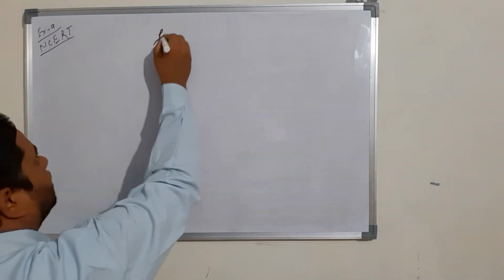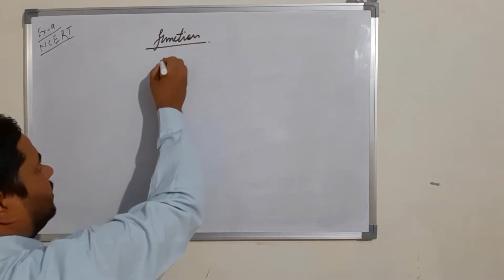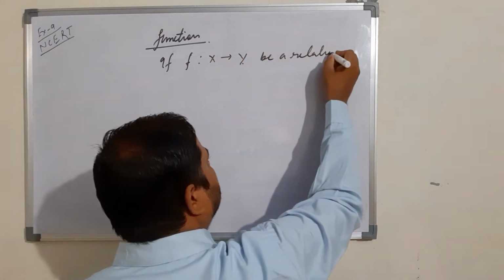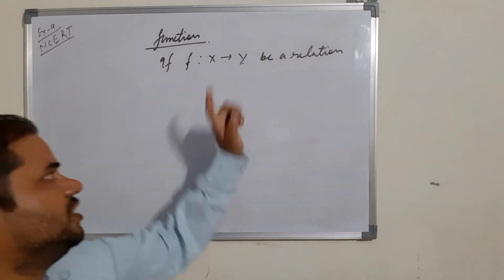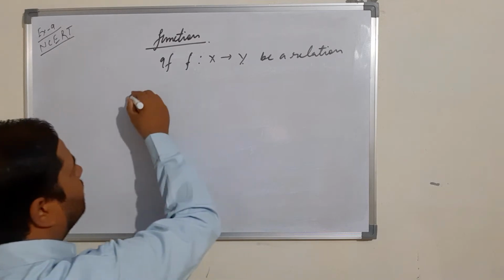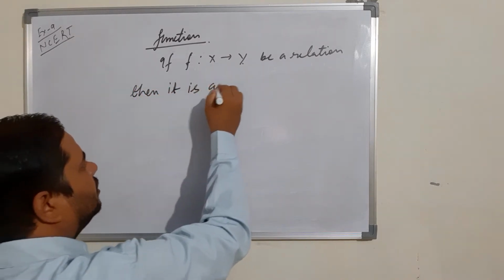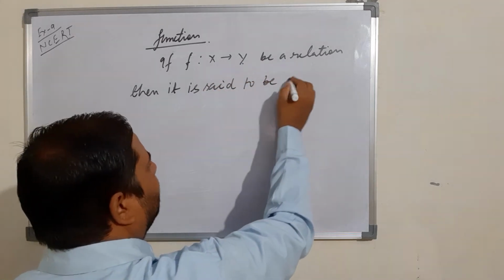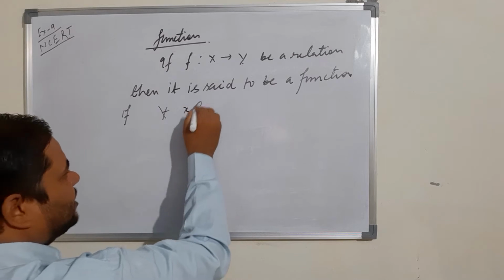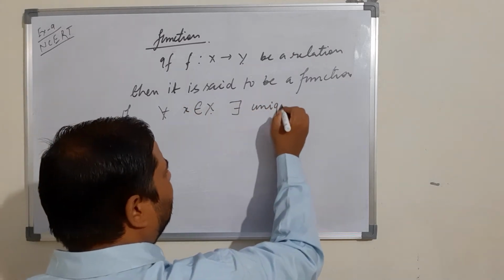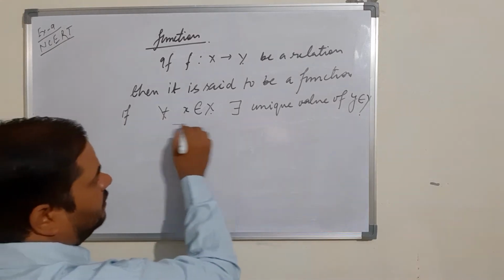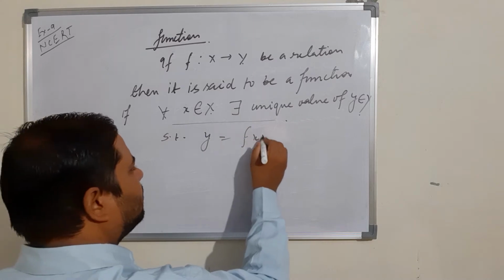First of all, function. What is function? If f from X to Y is a relation, that is, you already know what relation means, a subset of X cross Y, then it is said to be a function if for each value of x belonging to X, there exists a unique value of y belonging to Y such that y is equal to f(x).